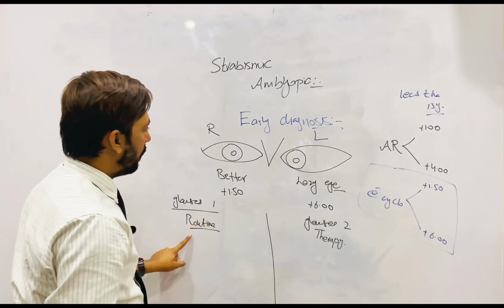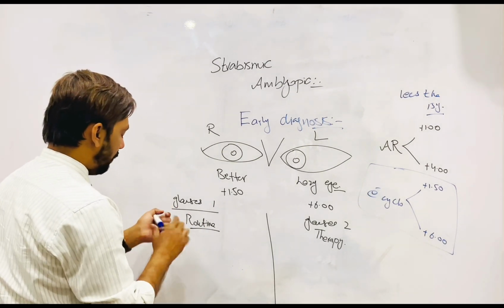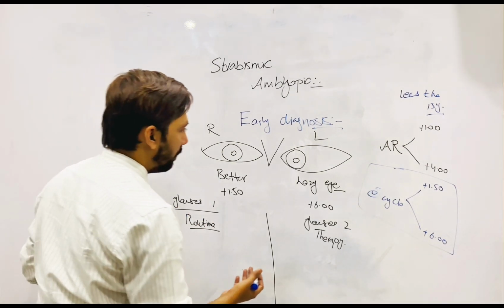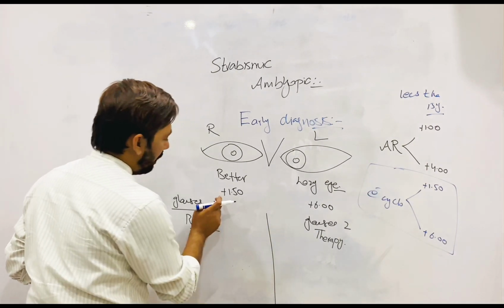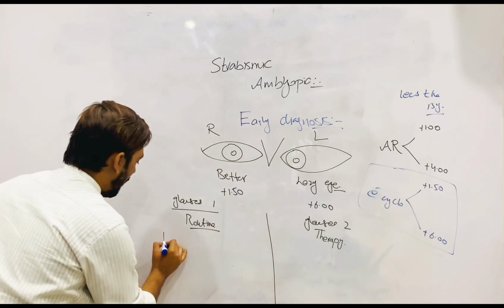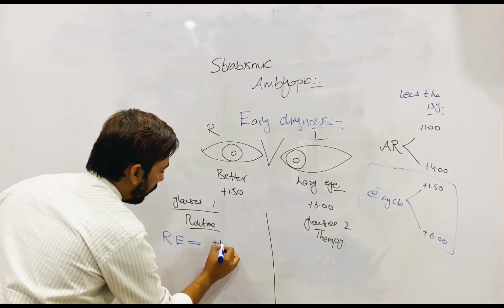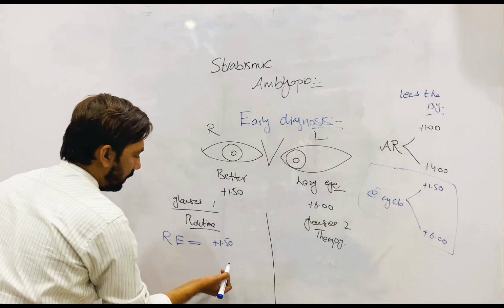So glasses number 1 is for routine. How much will we prescribe in the routine glasses for every-time usage? You can see the prescription in the right eye is +1.5 and left eye is +6. In the right eye we will prescribe +1.5, right?